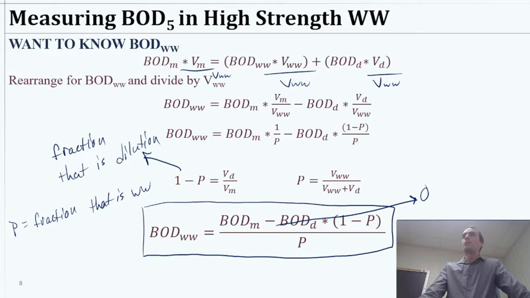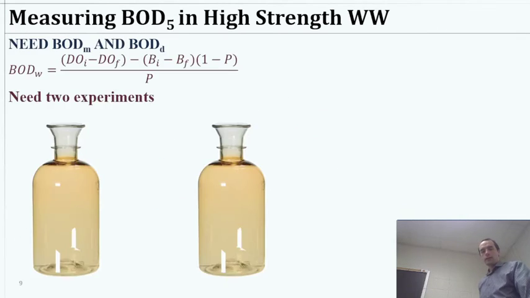It just goes back to the equation we started with. So this is for the case where we have dilution water that has BOD in it. If you decide to just use this equation all the time, just recognize sometimes that'll be 0 if you didn't need seeded dilution water.